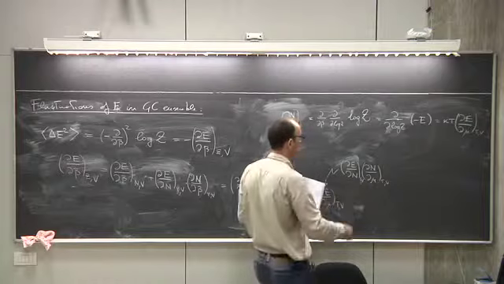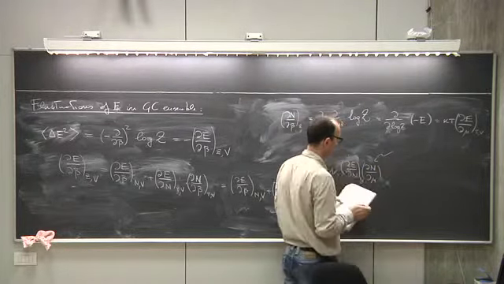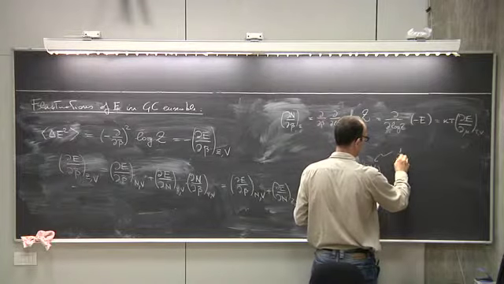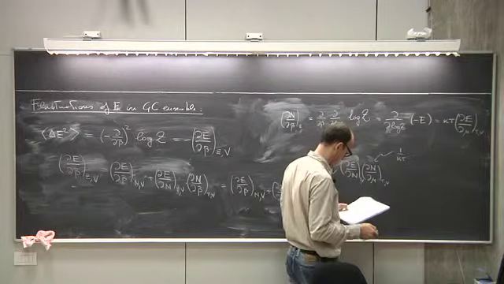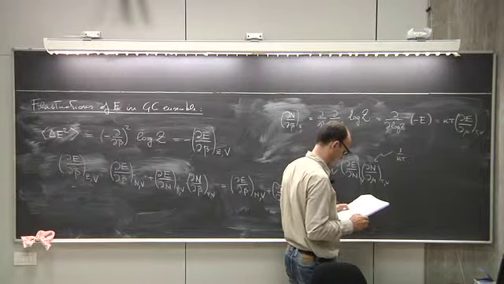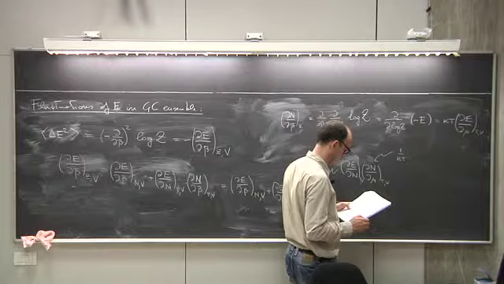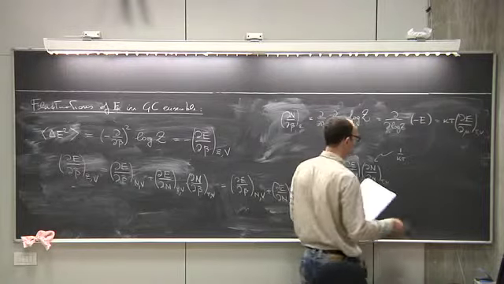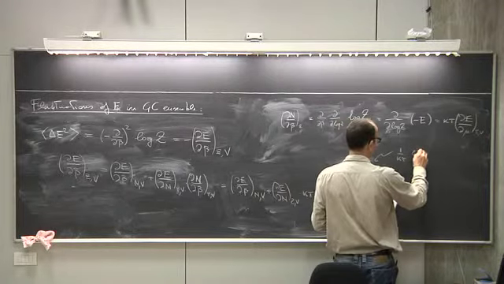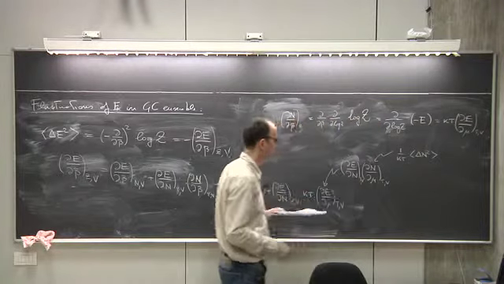So dN/dμ is 1 over kT times the fluctuation in the number of particles.